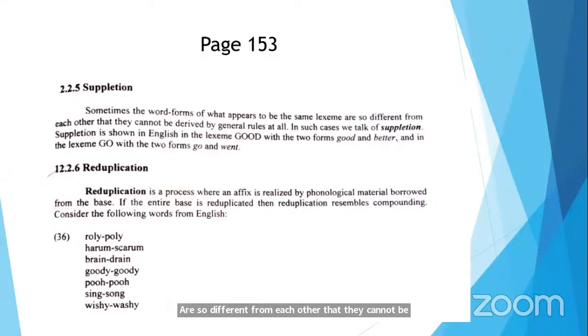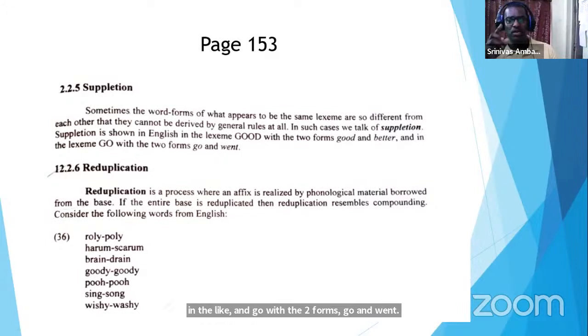In such cases, we talk of suppletion. Suppletion is shown in English in the adjective good with the two forms good and better, and in the verb go with the two forms go and went. Good is good and better. Go is go and went.